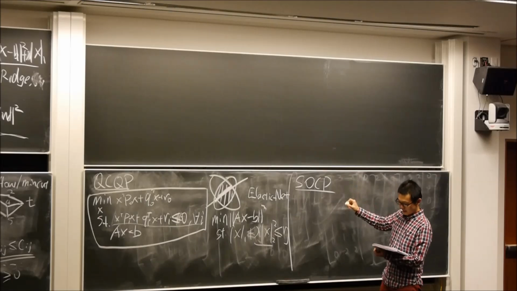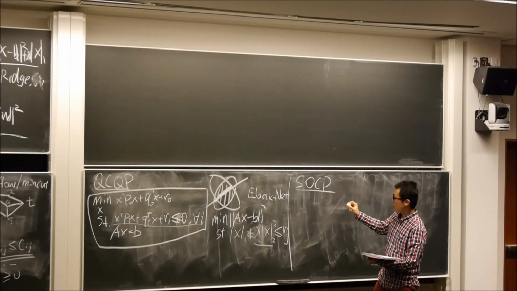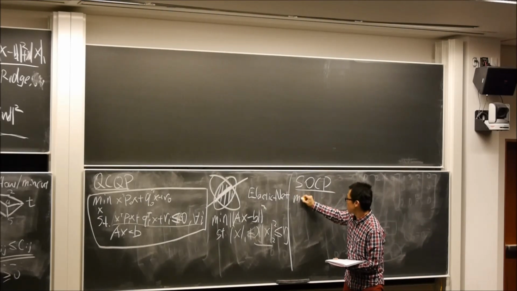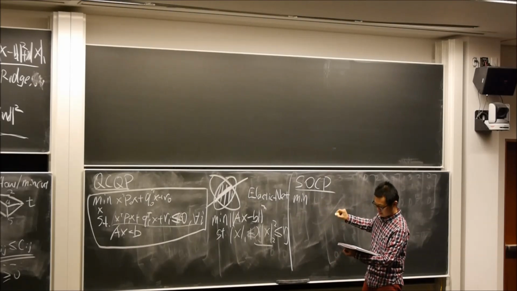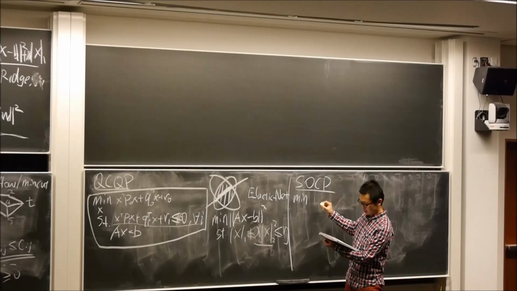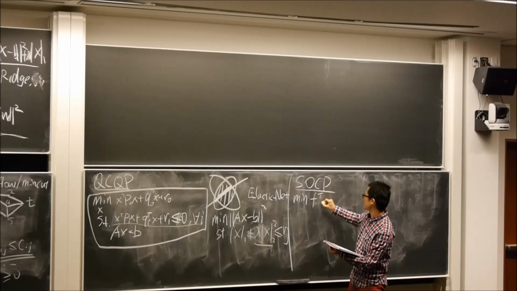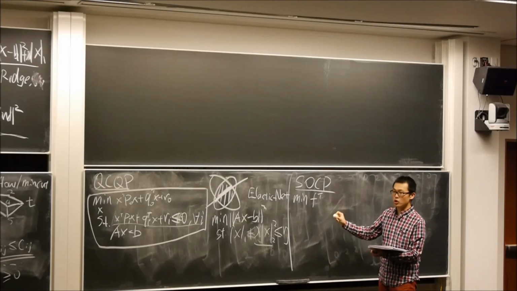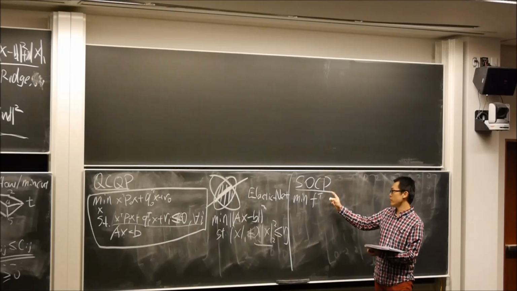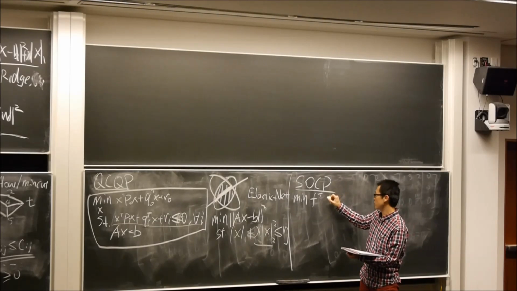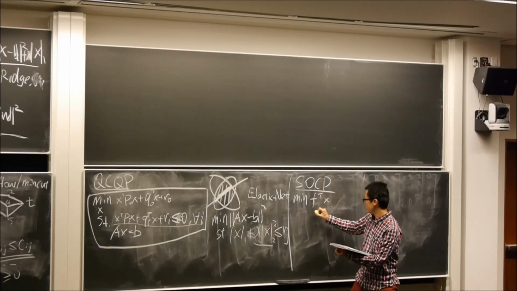So this is a second-order cone programming problem. Let me first write out its form and then illustrate what second-order cone means. Actually, Alex has talked in class and he drew a very intuitive plot of the constraints, and I'm just going to replicate that.